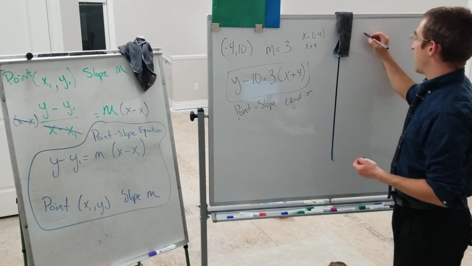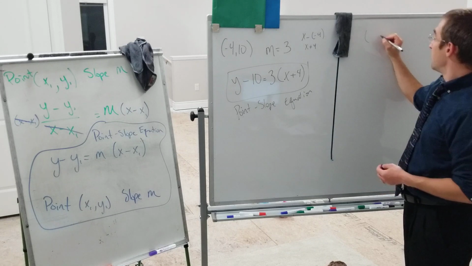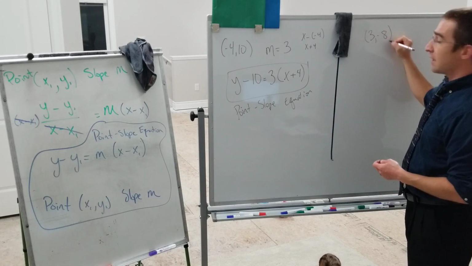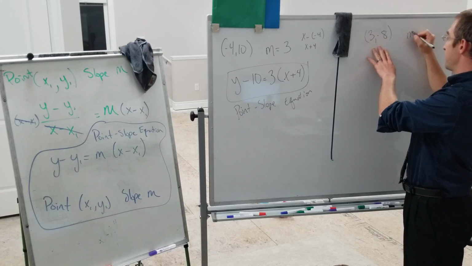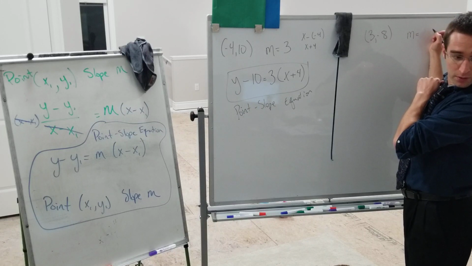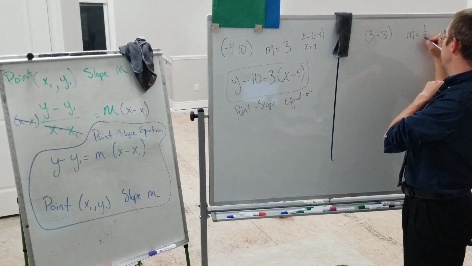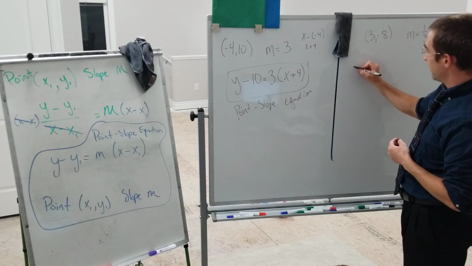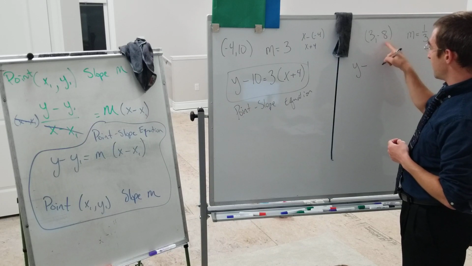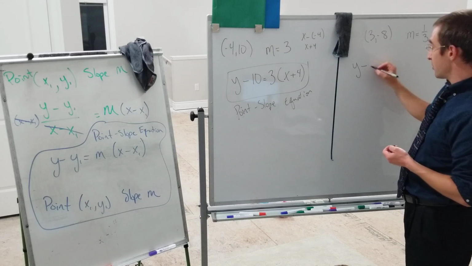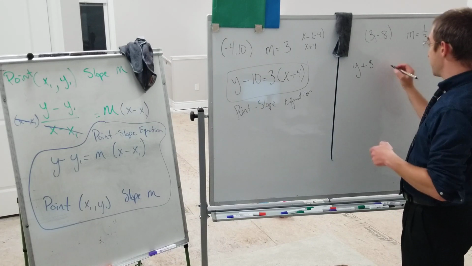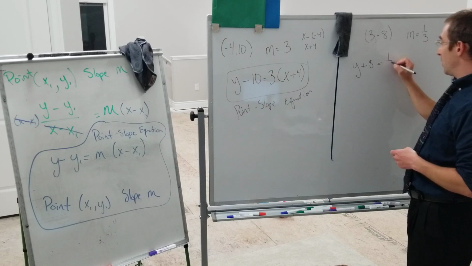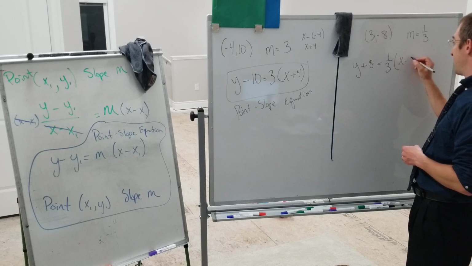All right, let's say we have another example. 3, -8. I want to write the point slope equation for a line that goes through this point and has a slope of m equals 1/3. Well, here I write y minus the y number. The y number is -8, so it's going to be y plus 8, because subtracting -8 makes it positive, equals slope 1/3 times x minus 3.